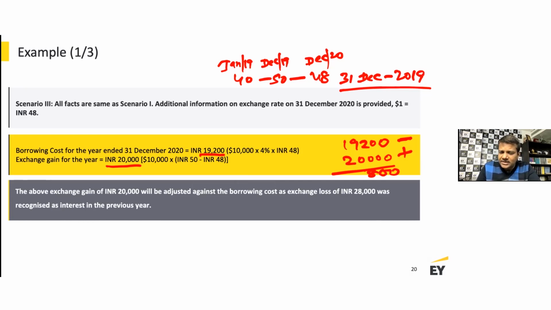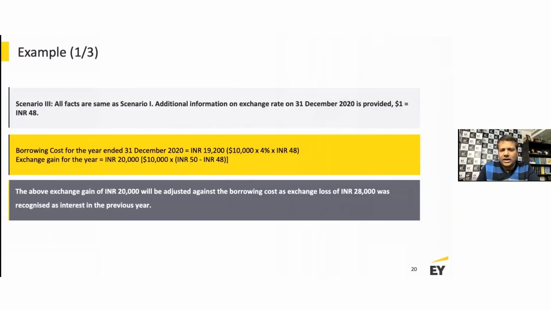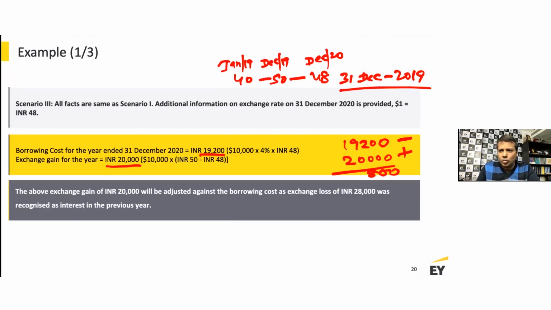So to the extent I had recorded the exchange loss, which was INR 28,000, I'm going to first offset it against that. That's how the principle is going to work. So essentially, in this year, there is no interest capitalization. In fact, there will be a reversal of 800, because the 20,000 is going to get reversed against the 28,000 of exchange loss, which I had already capitalized.